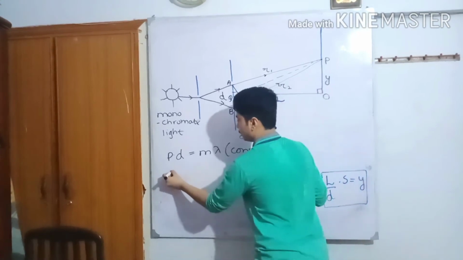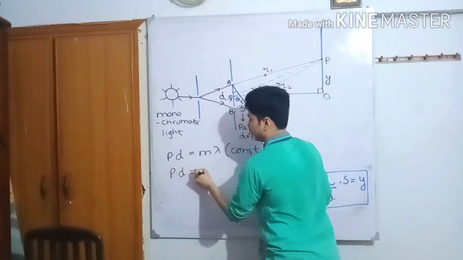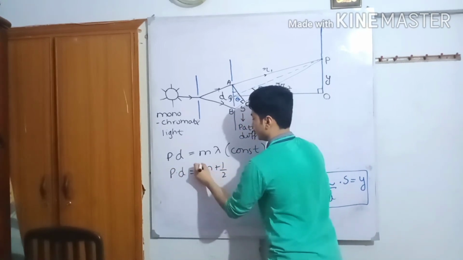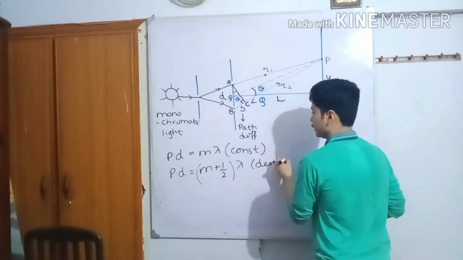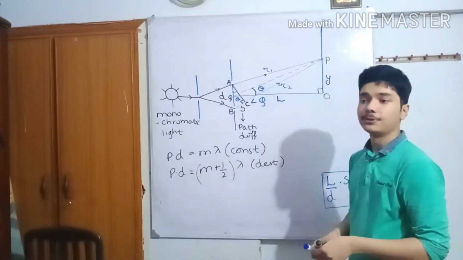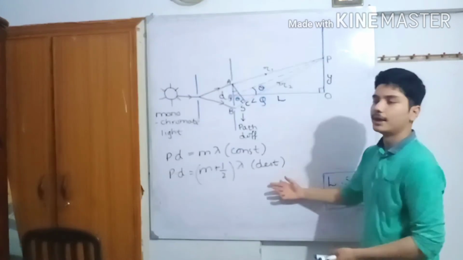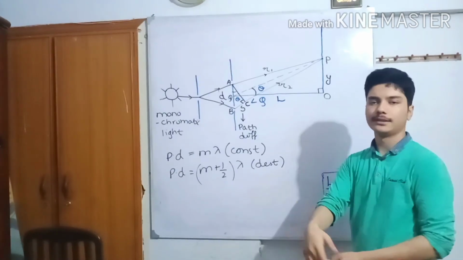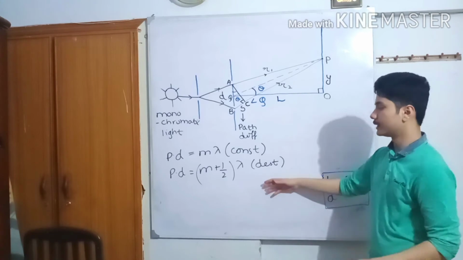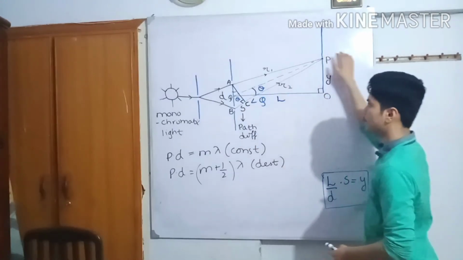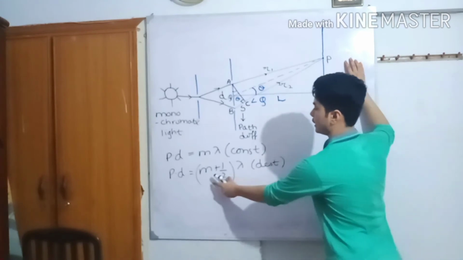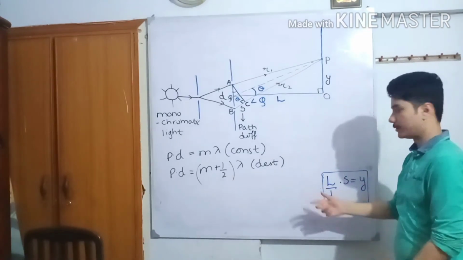And when the path difference is m plus half times lambda, the interference is destructive. If you haven't watched my video yet, you should; it's in the link in the description below. So when the path difference is m lambda, a bright fringe is obtained, and when it is m plus half lambda, a dark fringe is obtained.